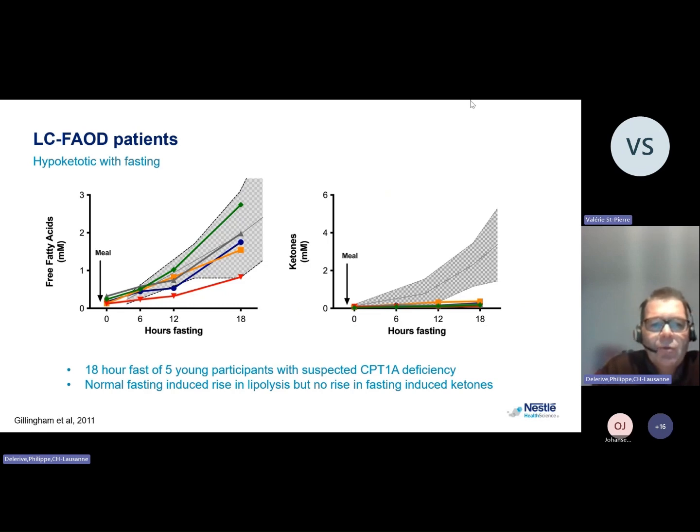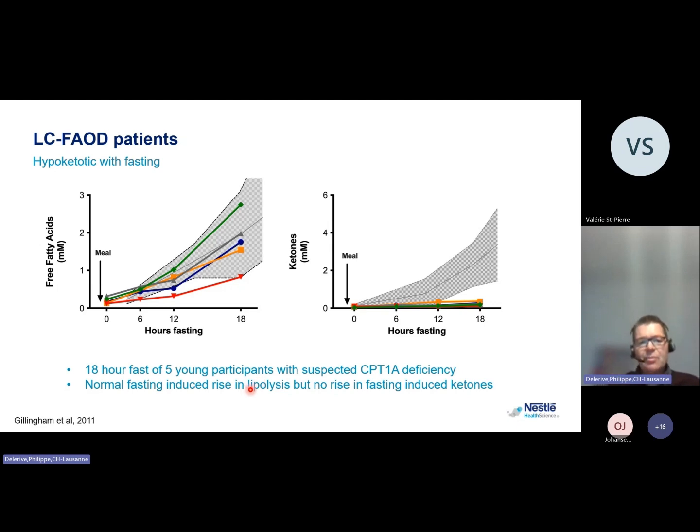In response to a meal, in the left-hand panel, you see that they all respond very well. They increase their free fatty acids, so they are able to mobilize fatty acids from the adipose tissue into the bloodstream. However, they are completely unable to process them and generate ketones. So there is a normal fasting-induced rise in lipolysis, but no rise in fasting-induced ketones.